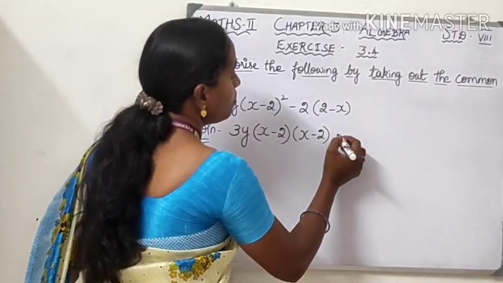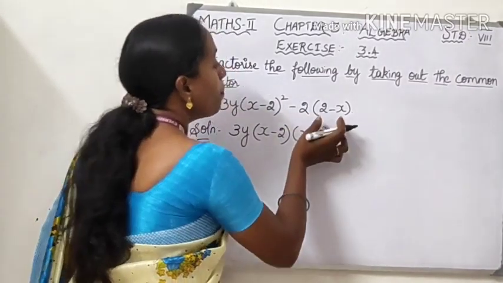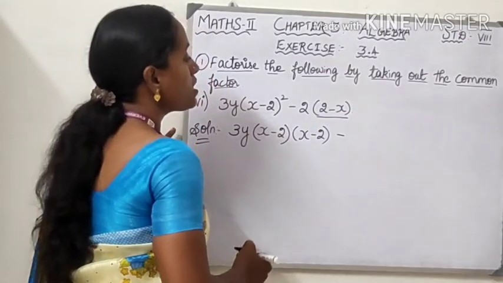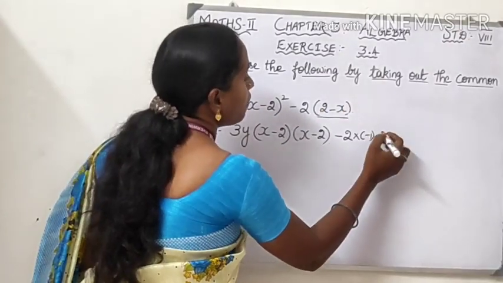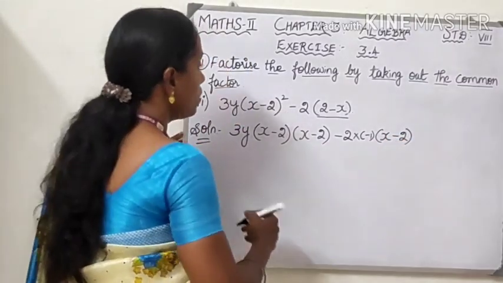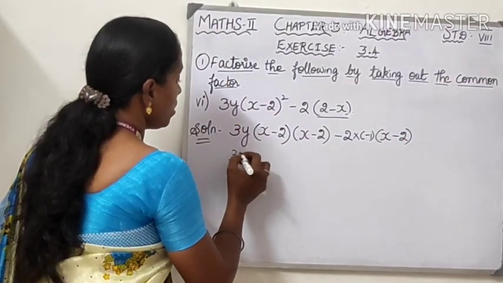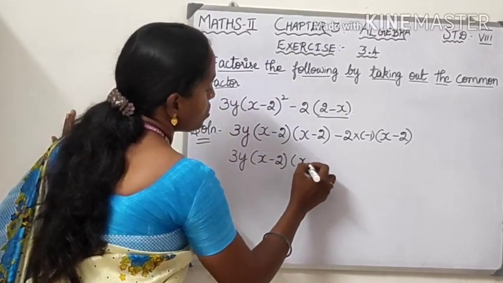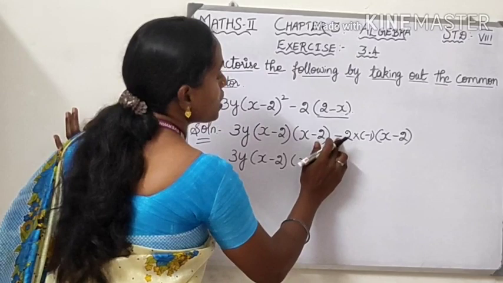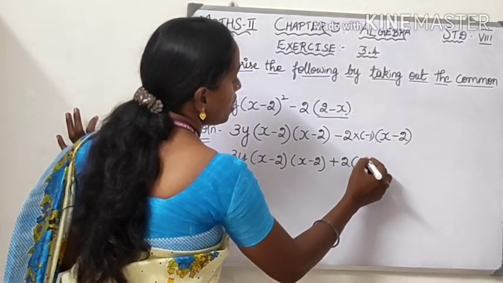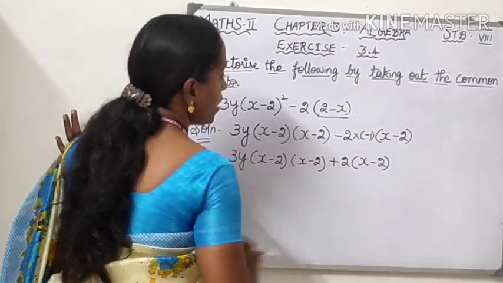Coming to the second term, we are going to take minus 1 as a common term from this 2 minus x. So inside the bracket the value will be changed as x minus 2. So now 3y x minus 2 then x minus 2. This minus 2 into minus 1 will change as plus 2. Then inside the bracket we have x minus 2.